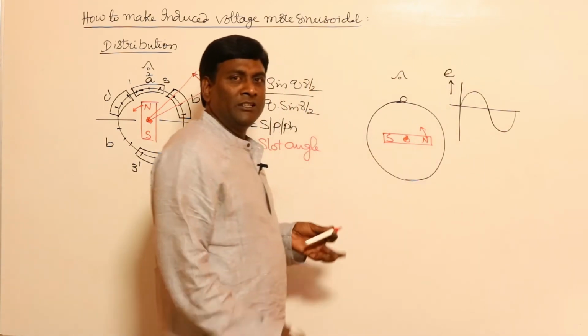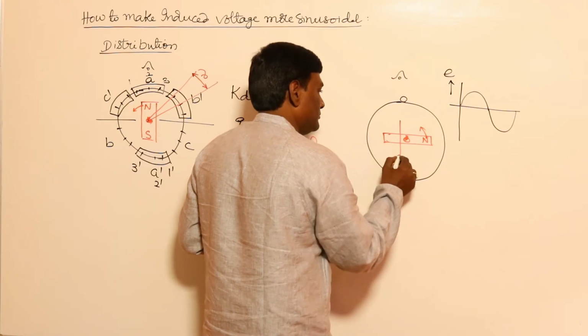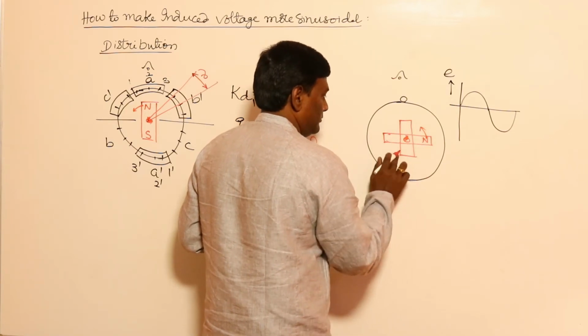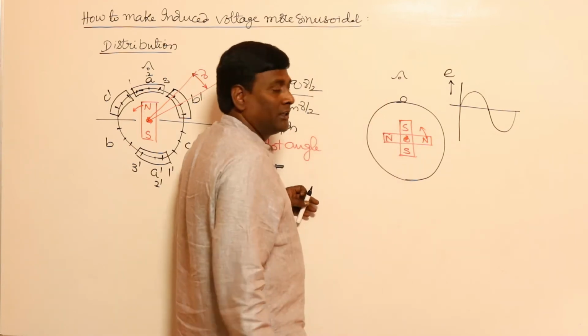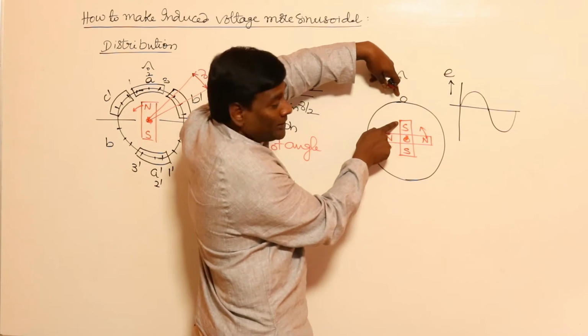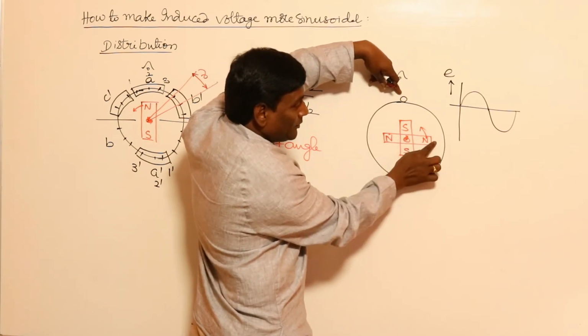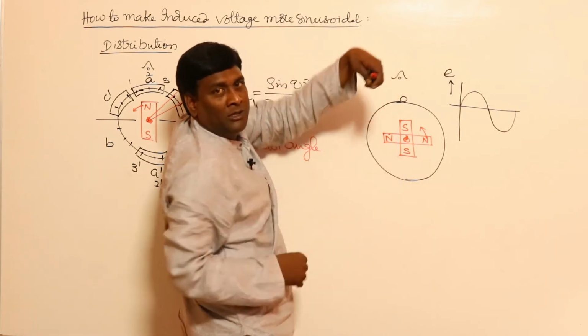For example, if I think of 4 poles, N, S, N, S. As of now it is rotating like this. As of now it is negative maximum. After 90 degrees it will become positive maximum, after 90 degrees negative maximum, after 90 degrees positive maximum.